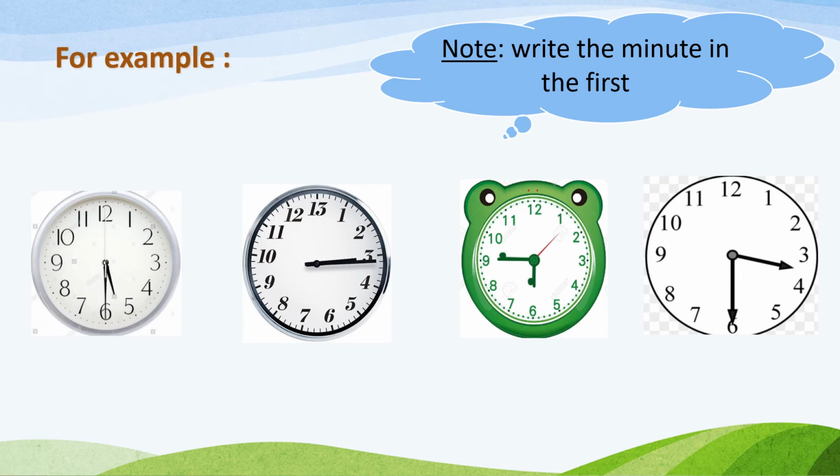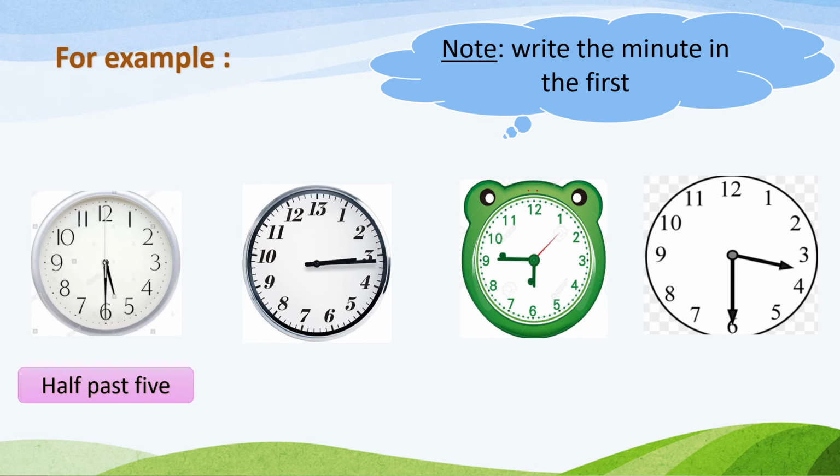Number 1, the short hand or the hour hand on 5. The long hand or the minute hand on 6. We say that when the long hand on 6, it tells me half past. Then the time is half past 5.